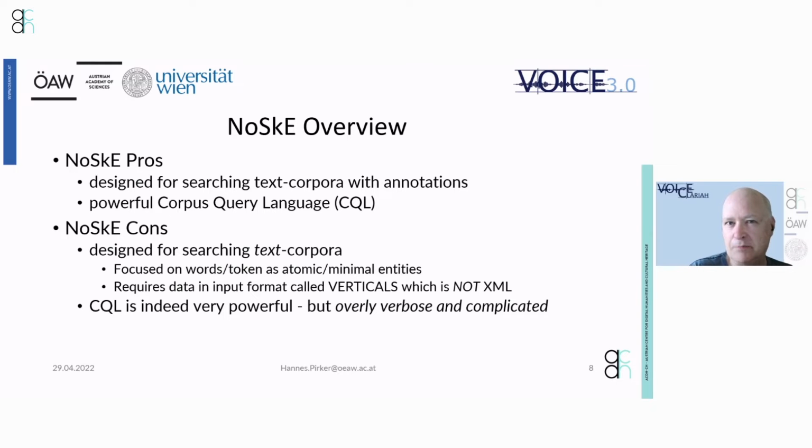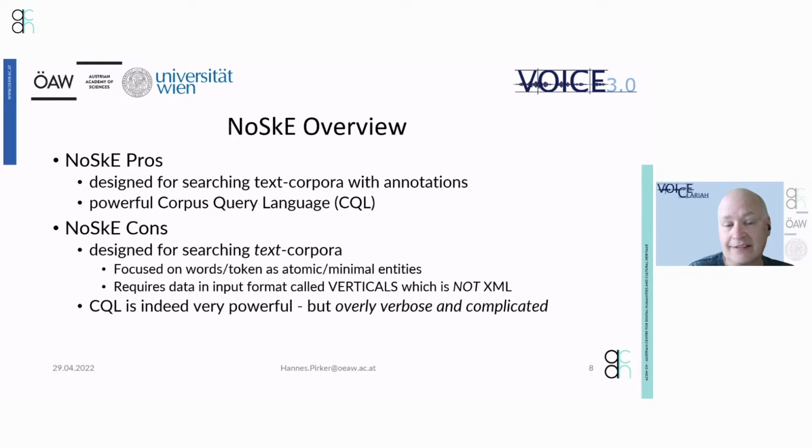While in spoken corpora, like in VOICE, we typically have information on subword units, like syllables, emphasis on the syllable, interruption of the word, things like that. The NoSke is not designed with use cases of that in mind.